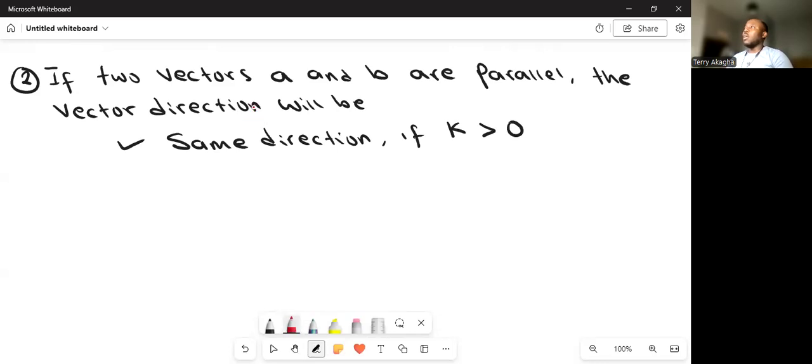When you solve it and you see k is greater than 0, it means that they are parallel in the same direction.